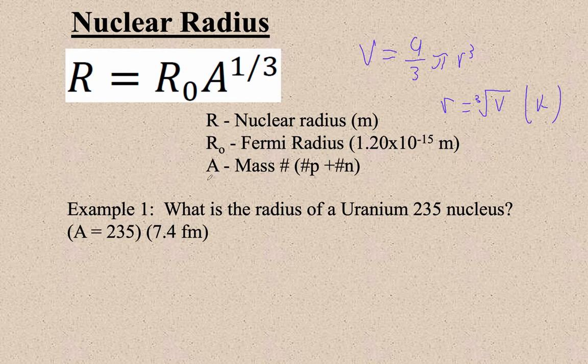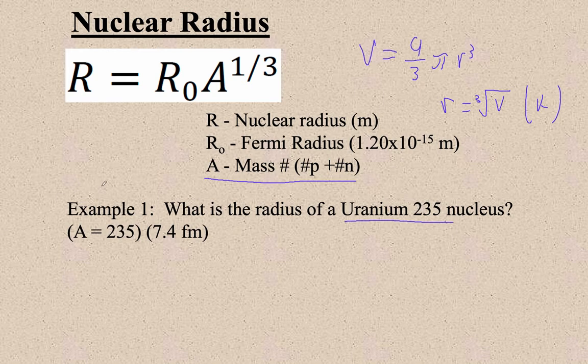So A, you have to understand, is the mass number. The mass number is the number of protons and neutrons. By the way, when they say uranium-235, uranium is, I think, element 92 or something like that, and 235 is the total protons and neutrons. When they say carbon-12, 12 is the mass number.